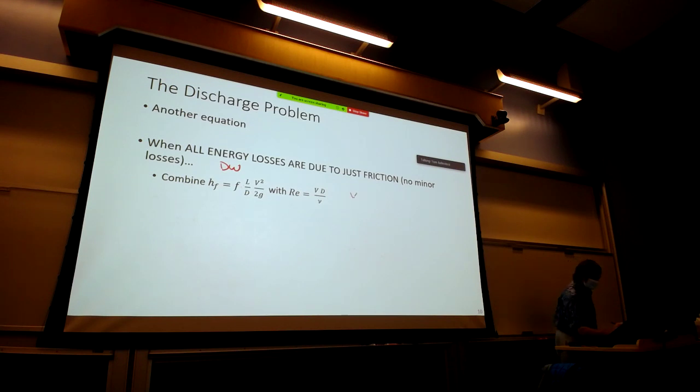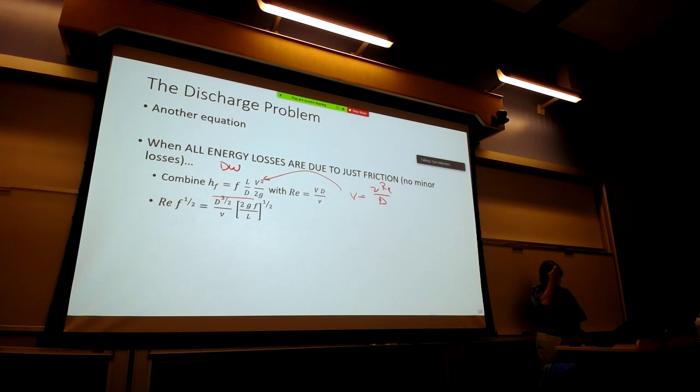So, for example, V is equal to mu Re over D. And we could put that substitution here, and then just solve the equation. Or solve this equation also for V, and then make the two equal to each other.